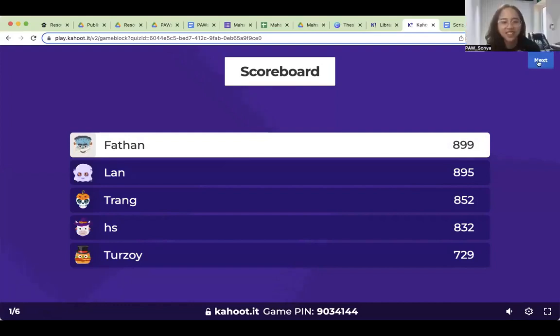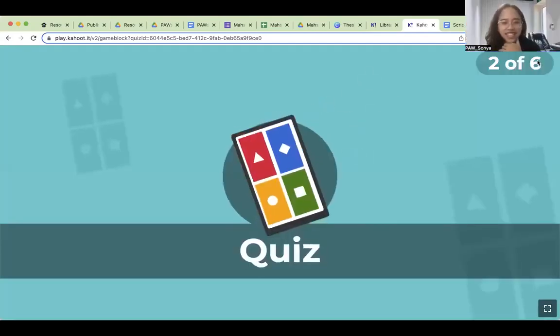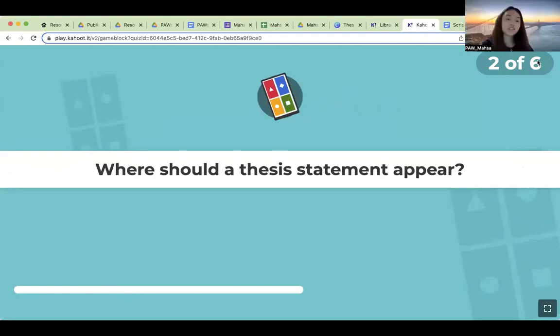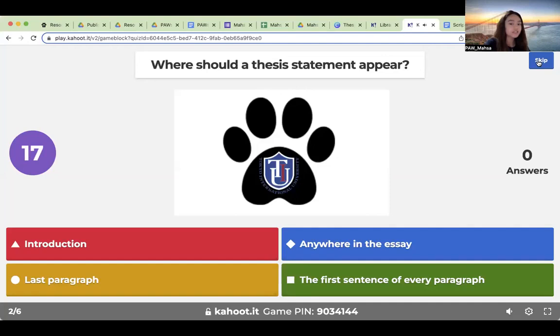Okay, next. Where should a thesis statement appear? The introduction, the last paragraph, anywhere in the essay, or the first sentence of every paragraph? For me, I think as it is one of the most important, maybe it should appear in every single paragraph.